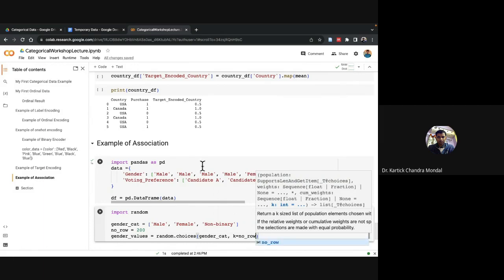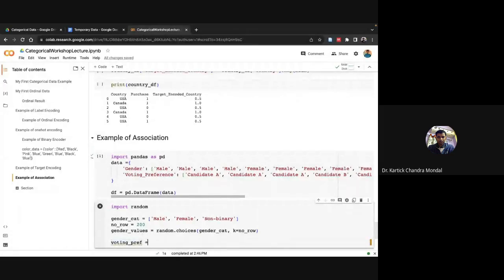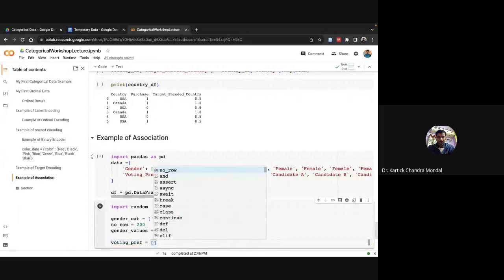So that many gender values will be created, and next I will create another one, that is voting pref. Voting pref is where you have the candidate categories. How many candidates?